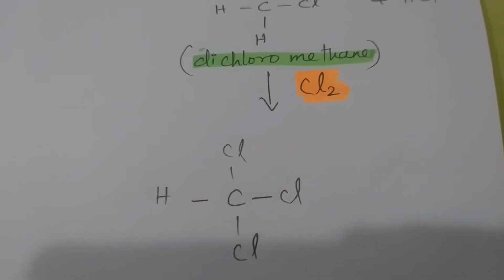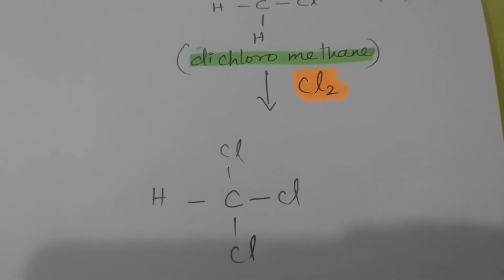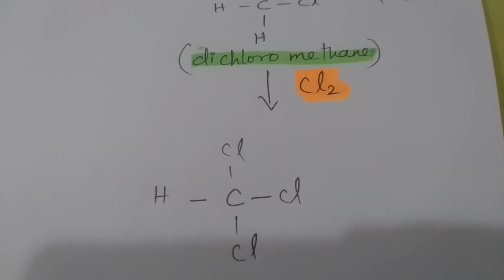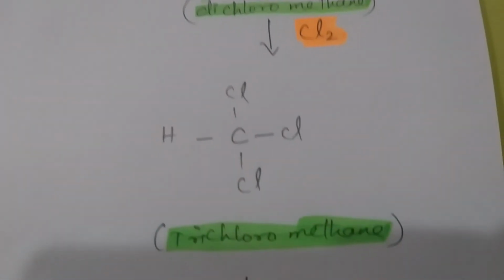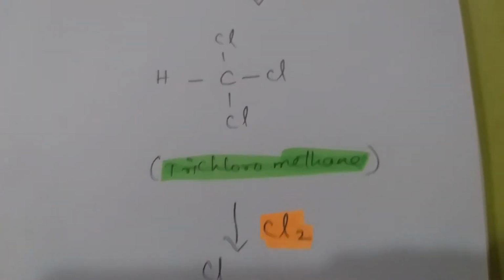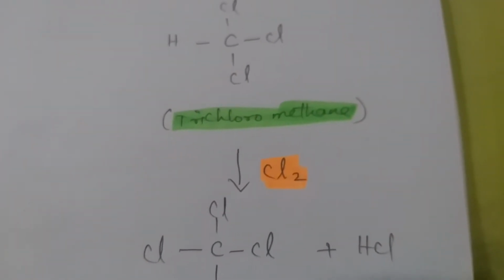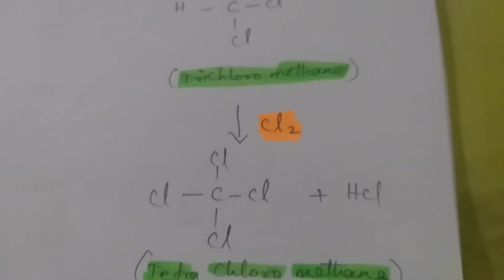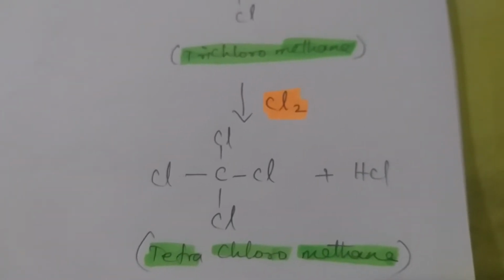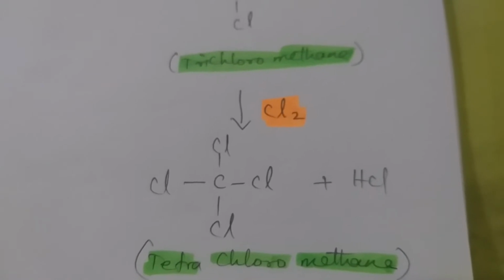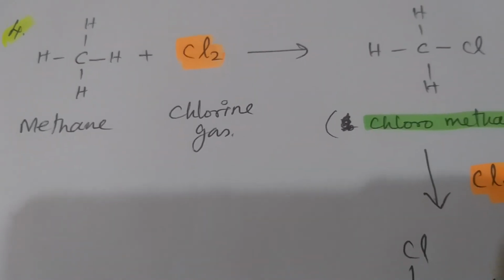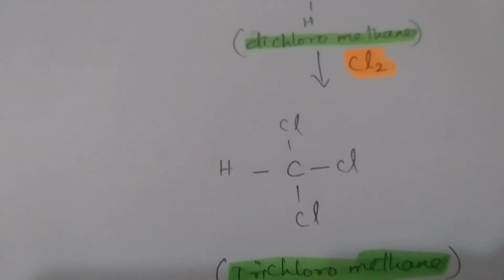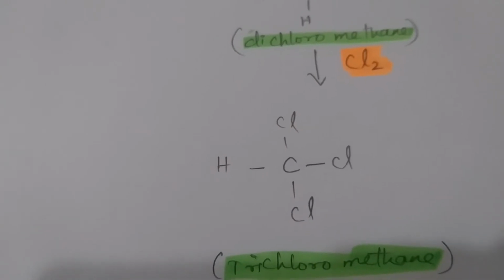We just add one more mole of chlorine to this trichloromethane, replacing the remaining hydrogen from the methane, and this is tetrachloromethane. So for the question, we need 3 moles of chlorine to form trichloromethane. I hope it's clear.